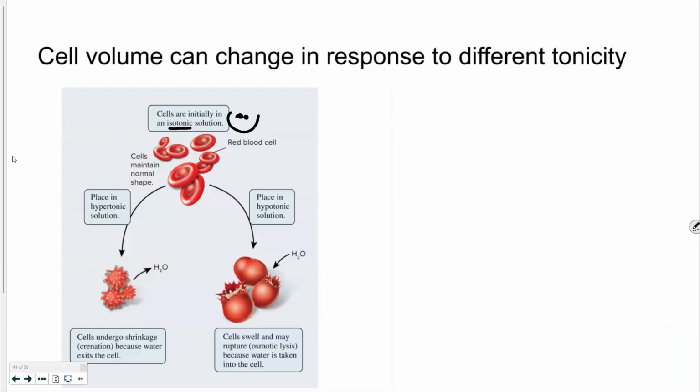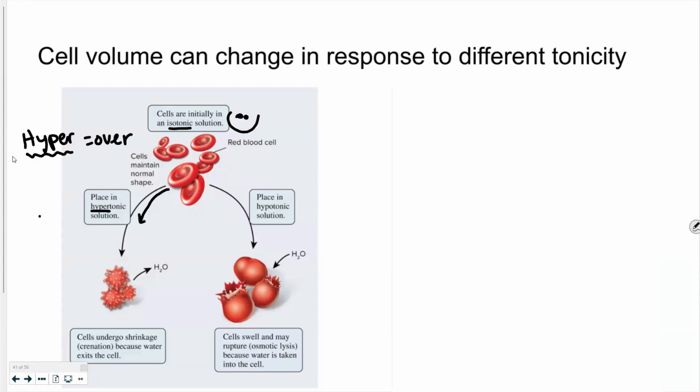If we place these same cells in a condition where there's more solute concentration outside the cell, we're going to call that a hypertonic. Okay, hyper means over.